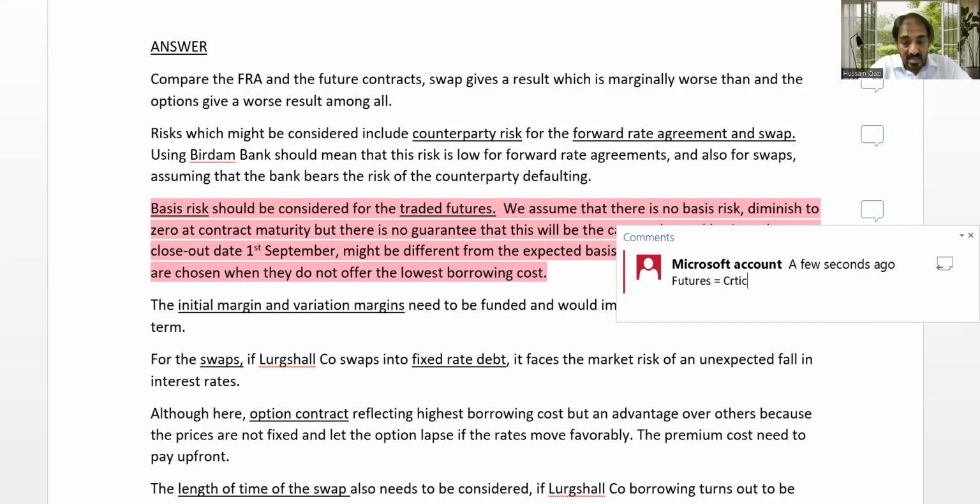Once again, critical assessment. This is critical assessment. That's a key point. Critical assessment includes professional skills marks, skepticism, as well as practical consideration here.